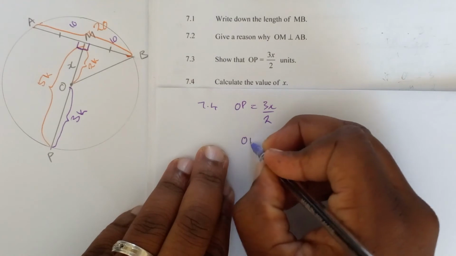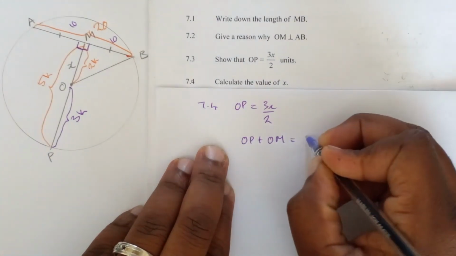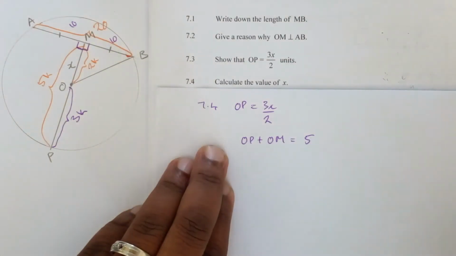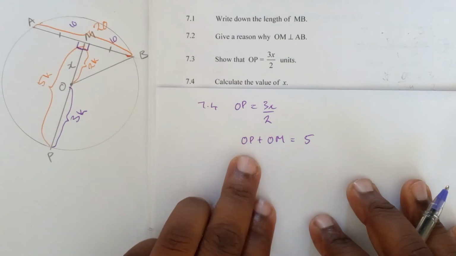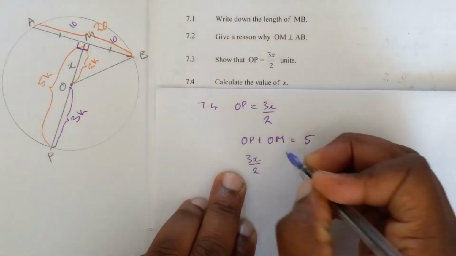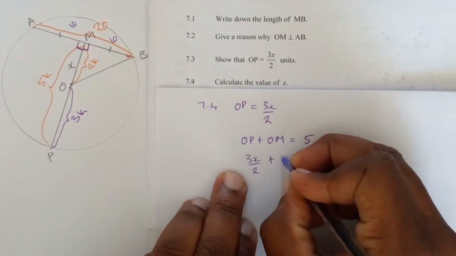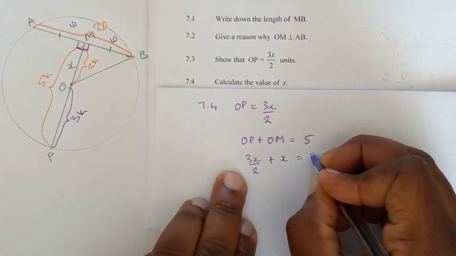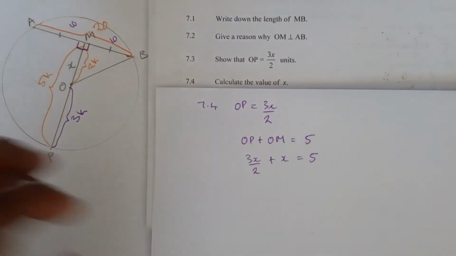So OP plus OM should give me a whole total of 5, which is the total ratio there. What do we know about OP? We just found out that this is 3x over 2. What do you know about OM? We know that is x. So this is just a very simple equation that we're going to solve here.